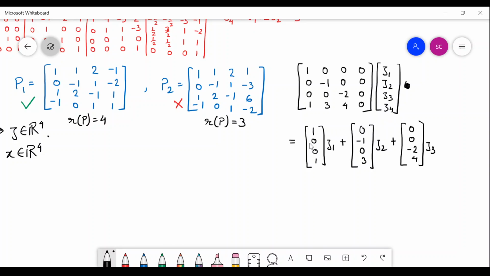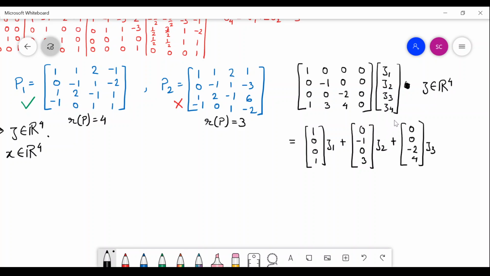So what you see is three independent vectors. Of course these are independent. These three independent vectors are getting added up with some scalars. This is from the Z space, so Z is also coming from R4.